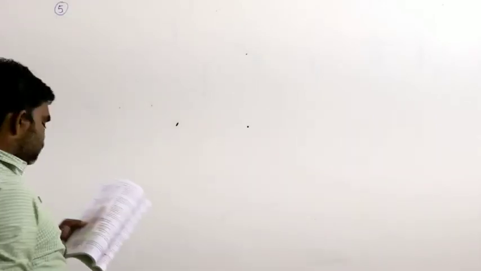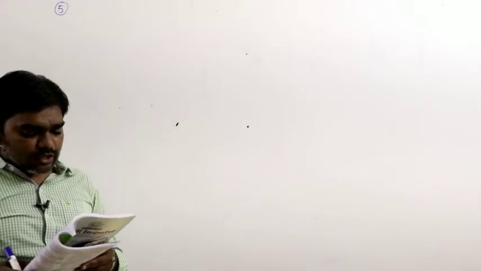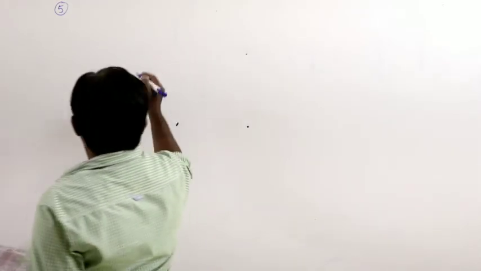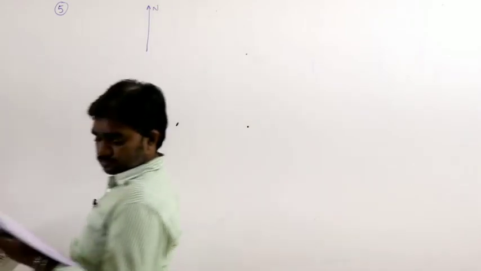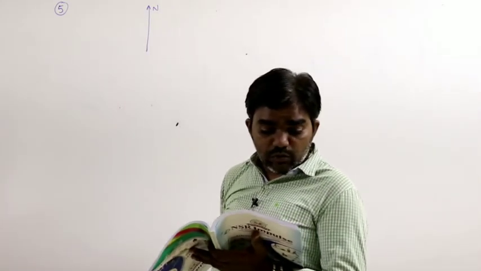Fifth question. A person crossing a road with certain velocity due north, towards north, sees a car moving towards east.